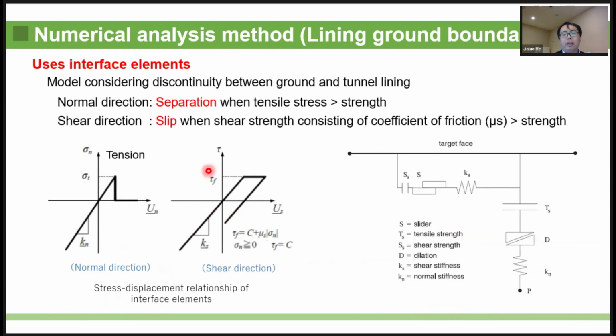Next, interface elements were used to model the boundary between the lining and the ground. The model separates when the normal stress exceeds the tensile strength. Also, it fails when the stress in the shear direction exceeds the shear strength.